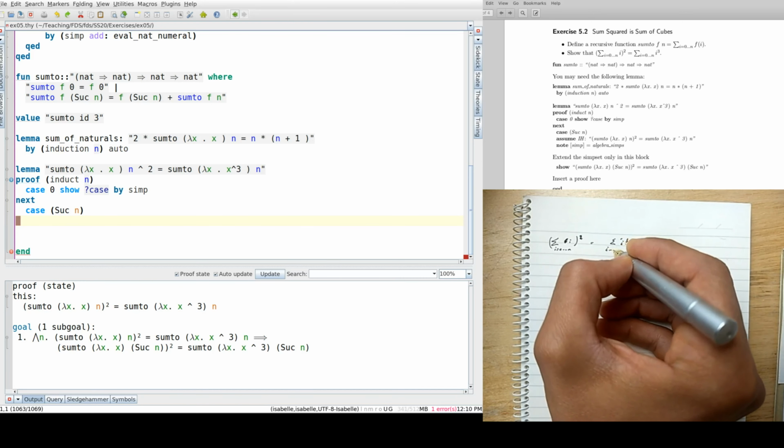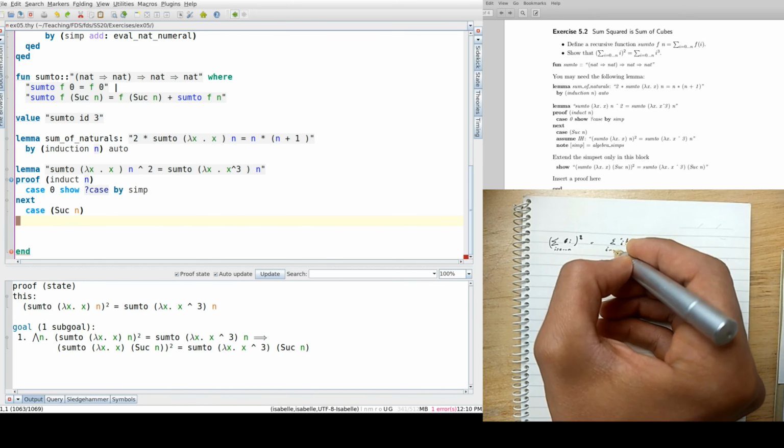the summation from i equals 0 to n plus 1, squared, equals the summation again, cubed, from i equals 0 to n plus 1.